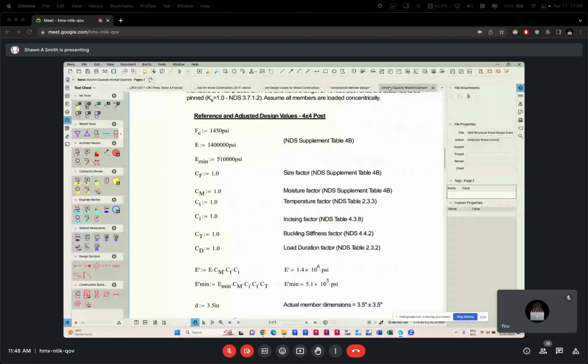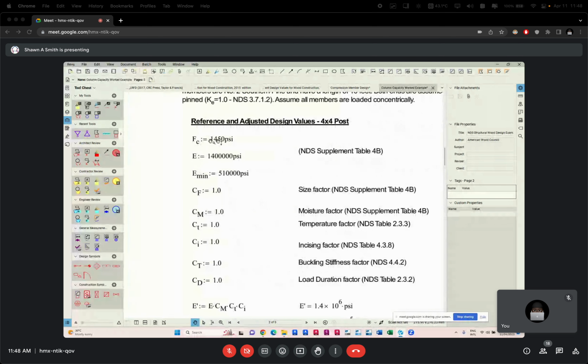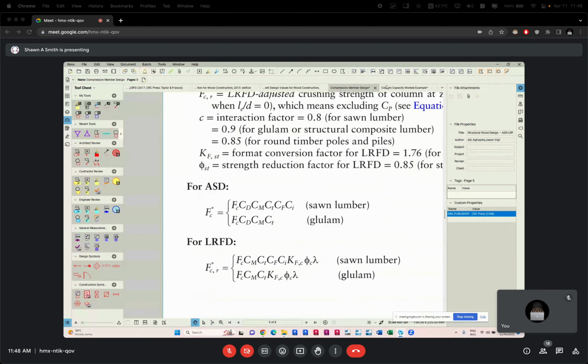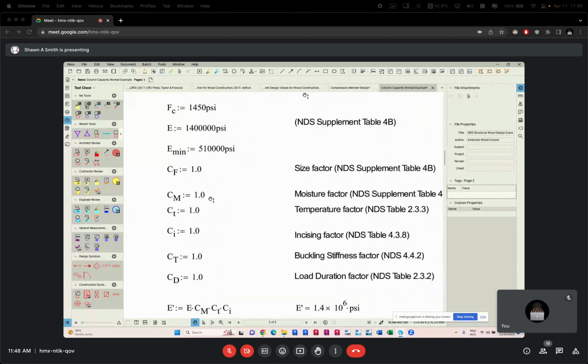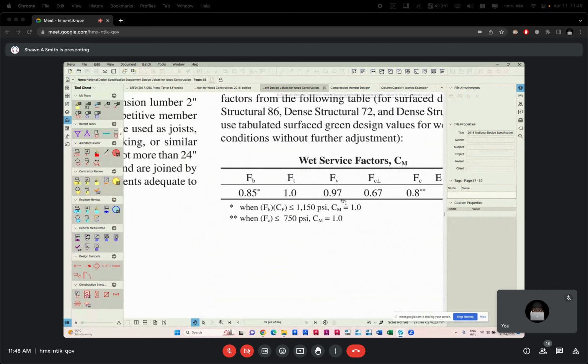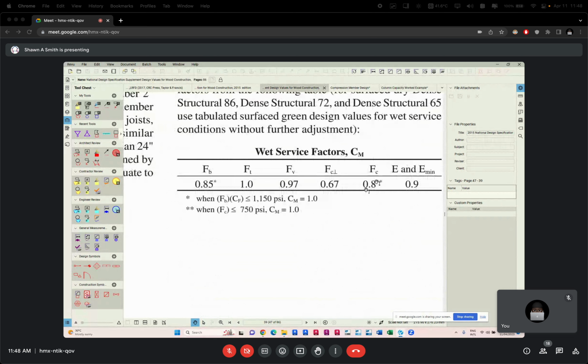Our FC value is 450 psi, which is not less than 750. It is actually more. But they are still using CM equal 1, while from my analysis our CM should really be 0.8.